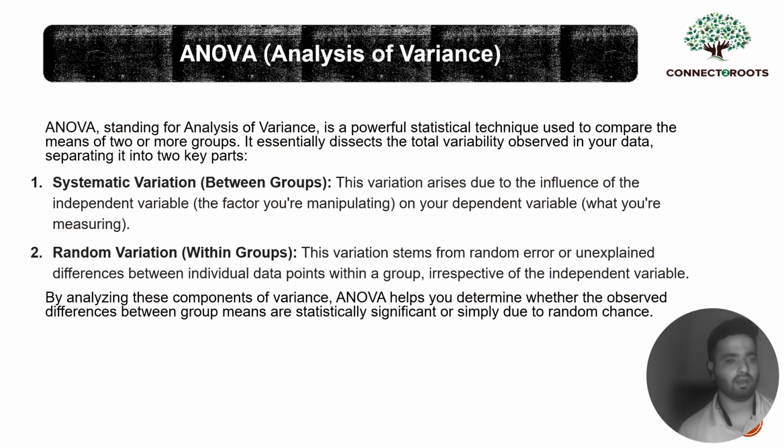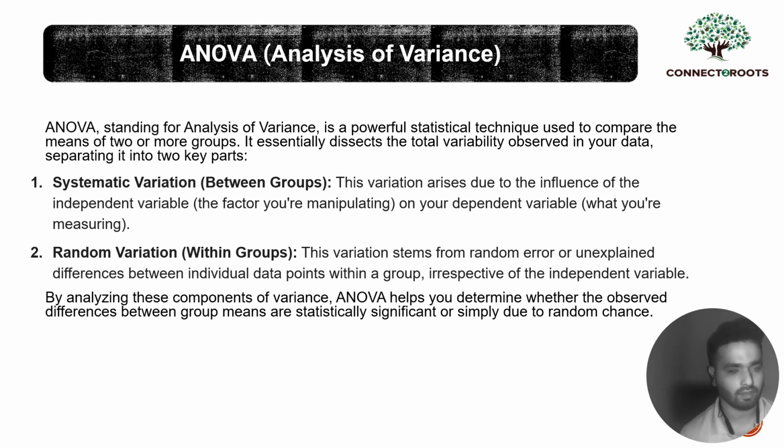Now, what is ANOVA? ANOVA, as you can see from its abbreviation, is analysis of variance. In this we compare different groups, how they are different from each other, or what their variance is within the group and also between the groups.